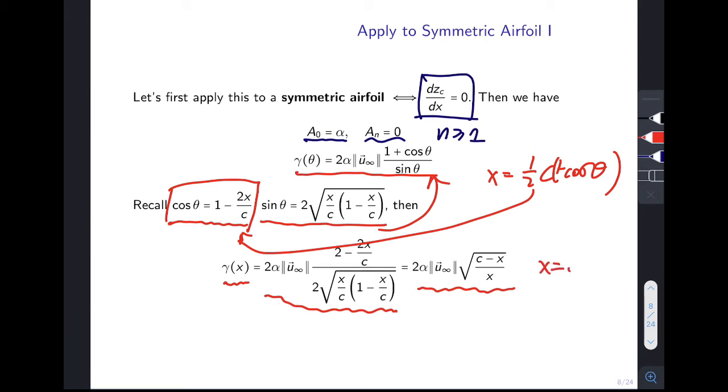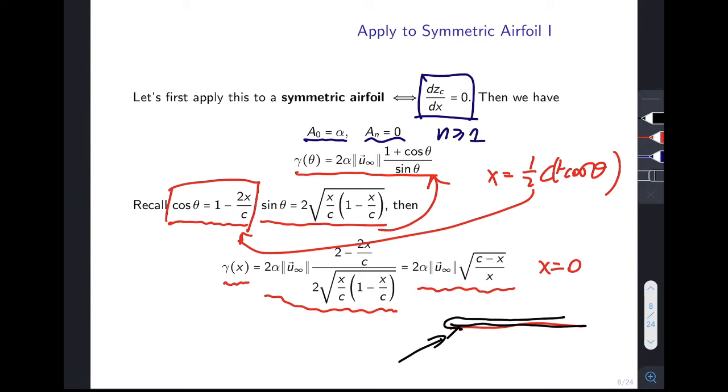Okay, if you look at this equation, you will see that when x equals 0, there is a singularity. The reason it happens is that for a symmetric airfoil at an angle of attack, the stagnation point is going to be here, and the flow has to travel upstream and turn around an extremely sharp leading edge.